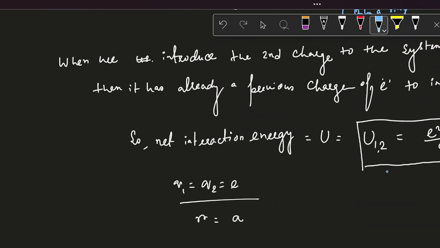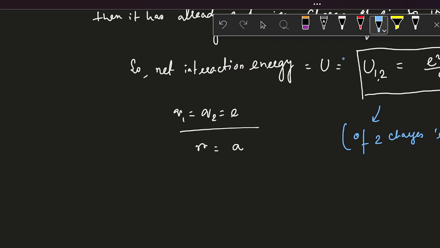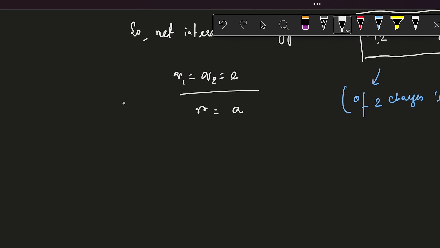Now the second is this internal energy of the system of two charges E at a distance A from each other. Now this is the second scenario also done.